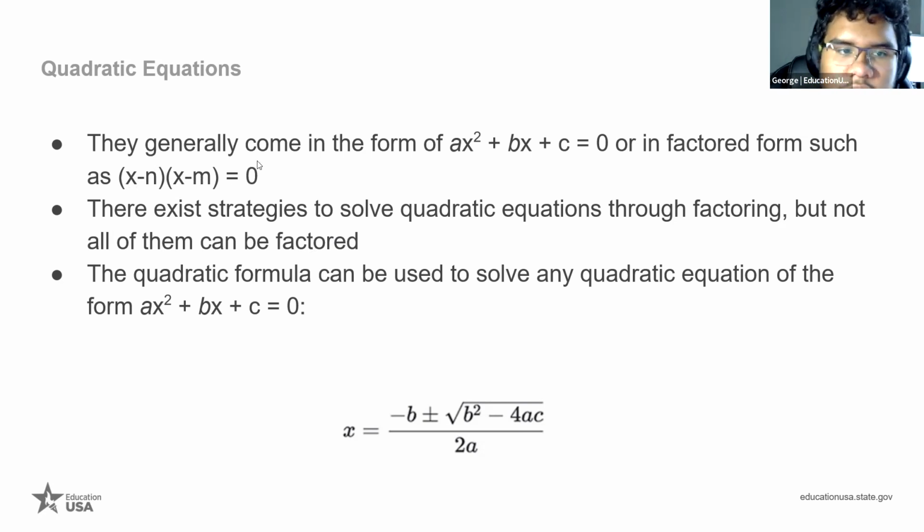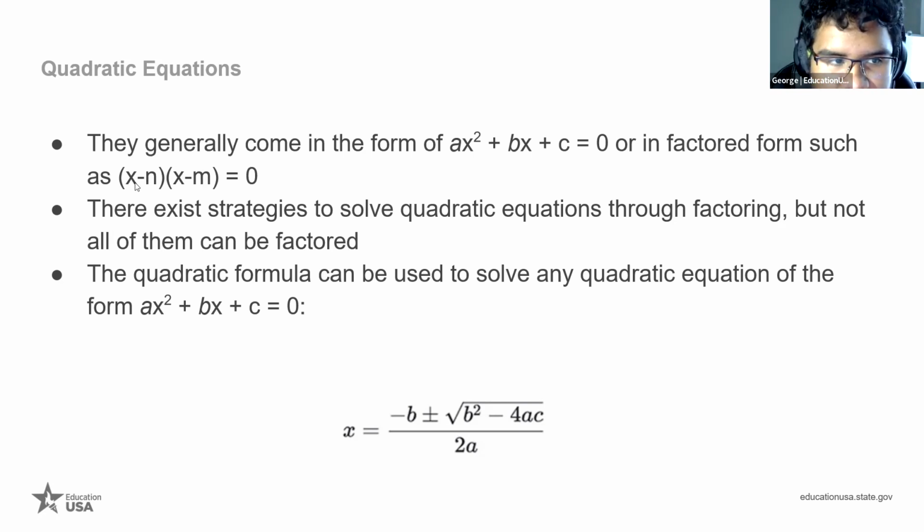Now, there are strategies to solve quadratic equations through factoring, like trying to factor an equation of the form ax squared plus bx plus c into a form such as x minus n times x minus m, but not all quadratic equations can be factored. If a quadratic equation can be factored, then the solutions for x are just n and m.